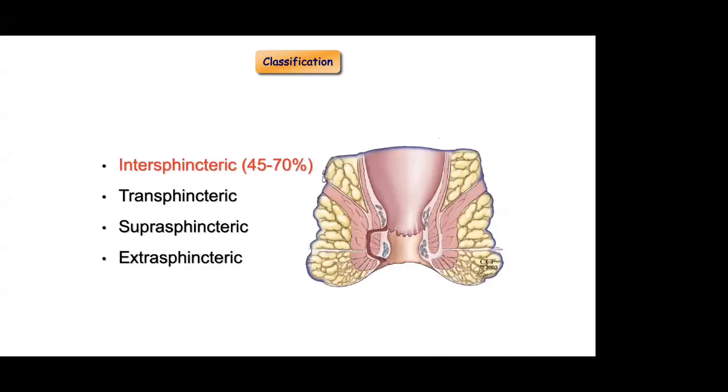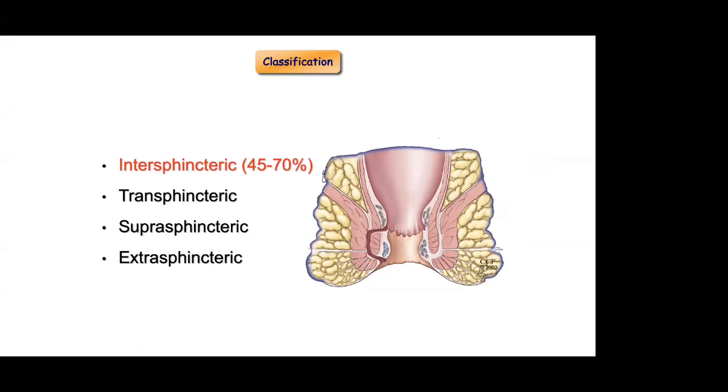We can classify fistula as intersphincteric, transsphincteric, suprasphincteric, or extrasphincteric, based on the relationship with the internal, the external, and also the other muscles that are involved in the continence and defecation process.